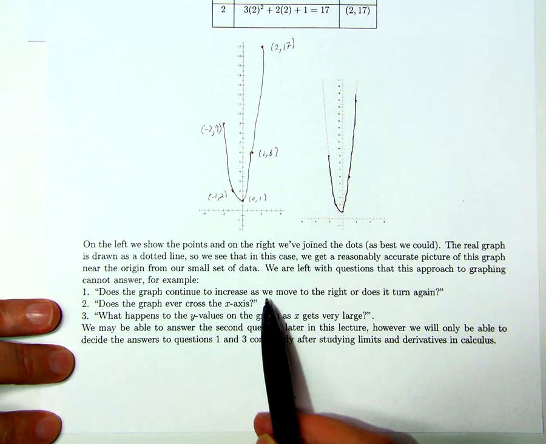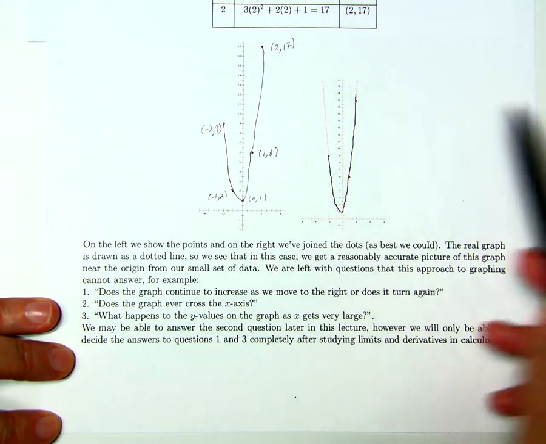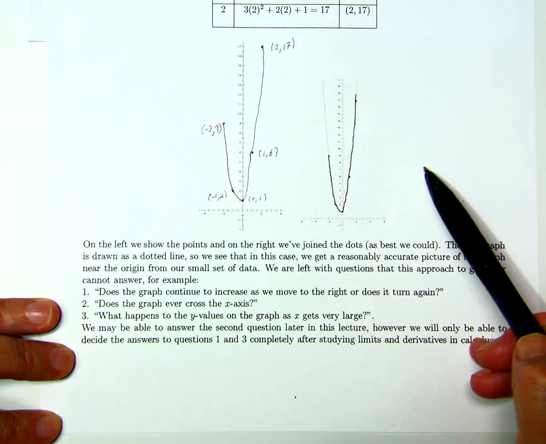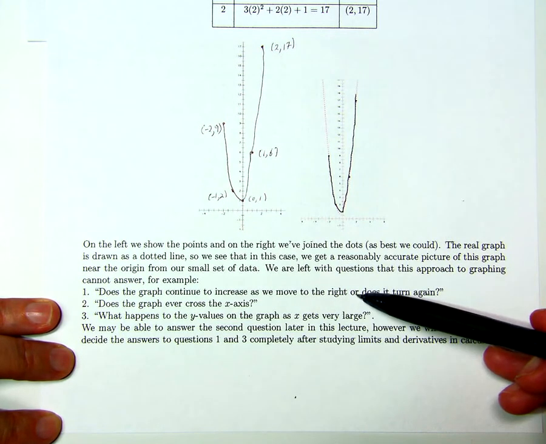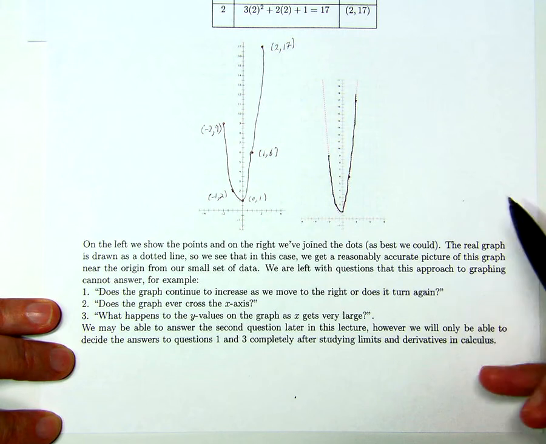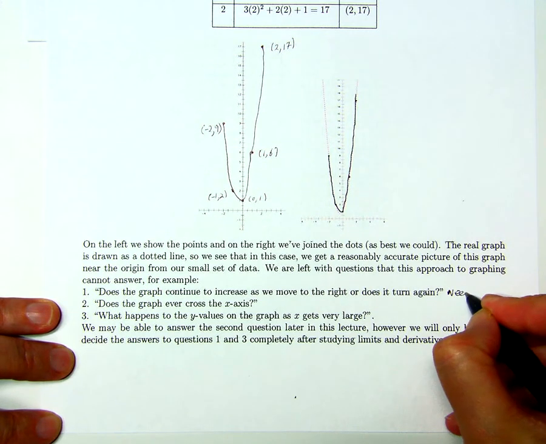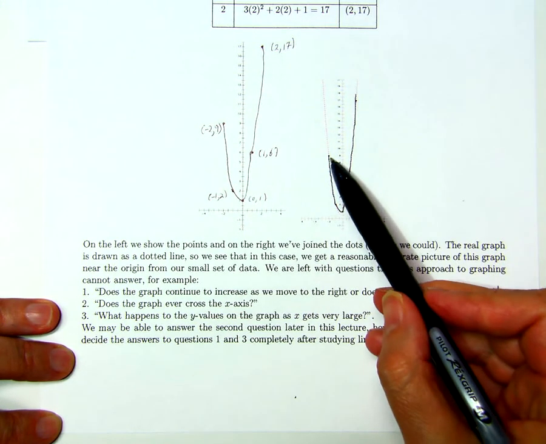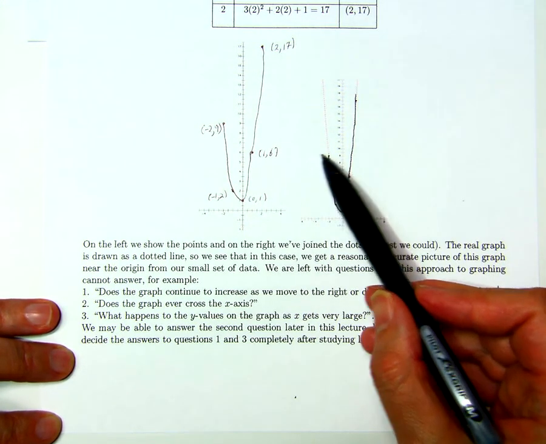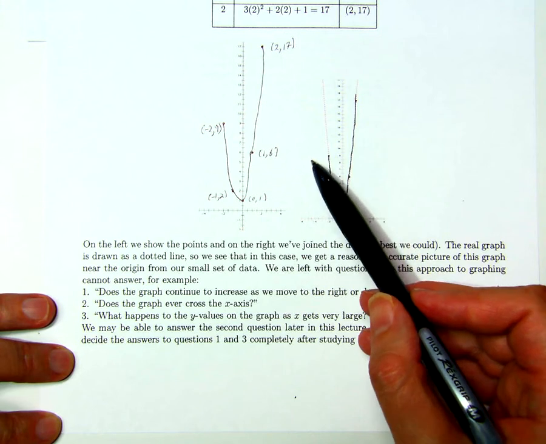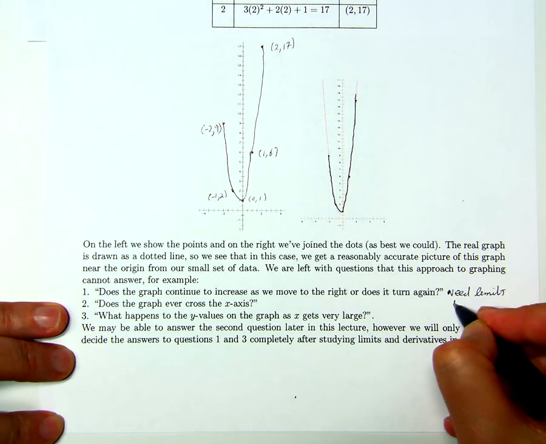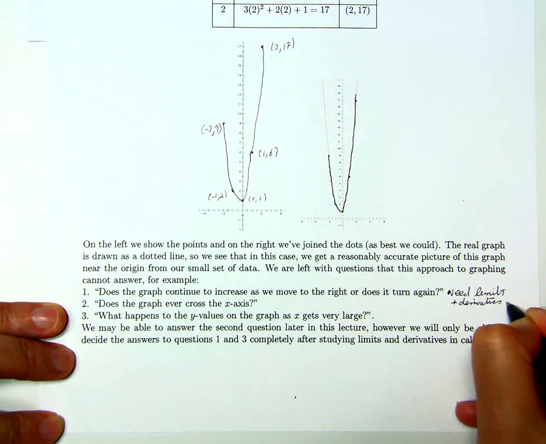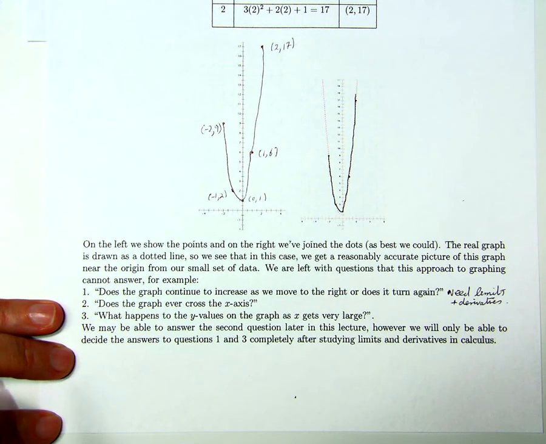Does this graph continue to increase as we move to the right, or does it maybe turn around? And this is a question we can answer later with techniques from calculus using limits. So we need limits. And I might equally well ask this question: as the graph moves to the left, does it ever turn? And so we'll use limits and derivatives to answer this particular question.